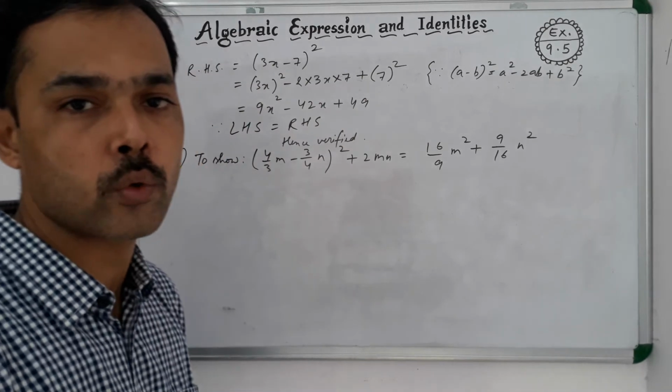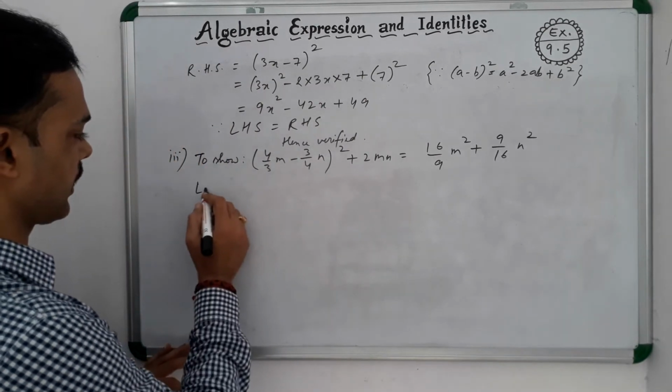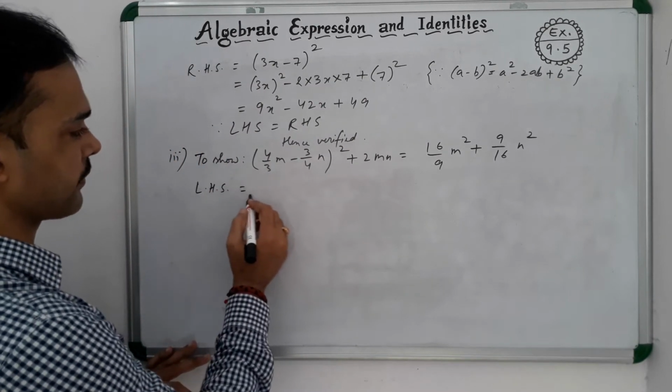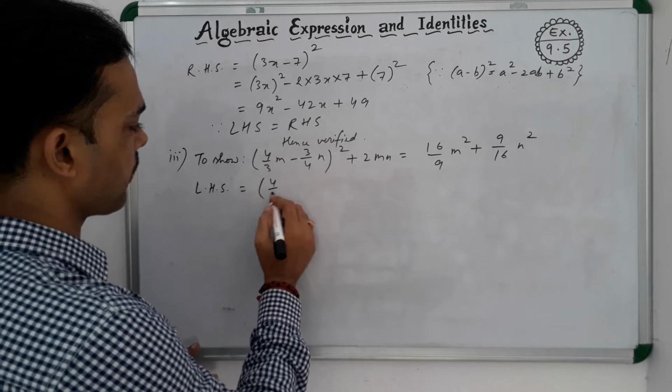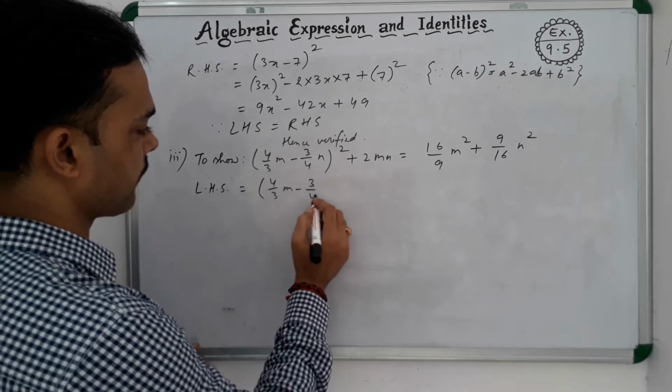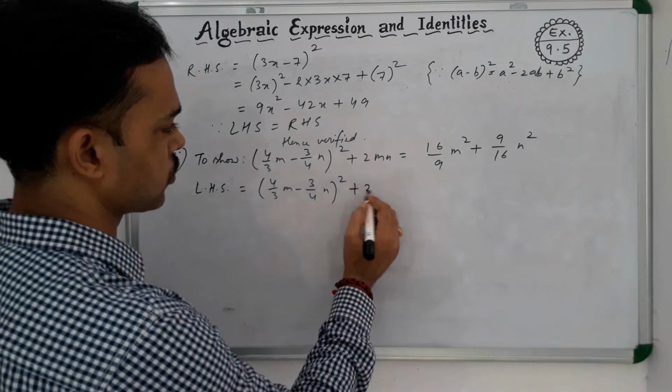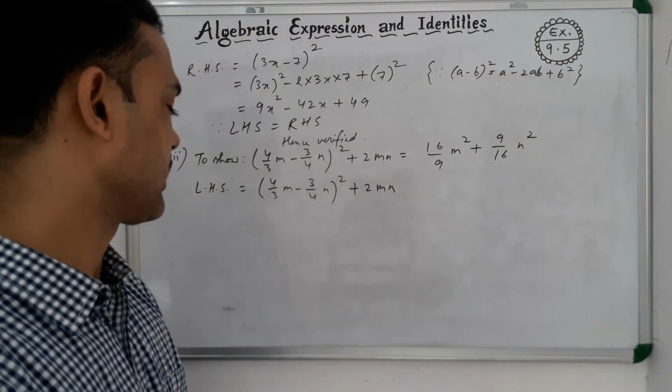That is why what we'll do is first we'll take LHS, which means left hand side. (4 by 3 m minus 3 by 4 n) whole square plus 2mn is in LHS.